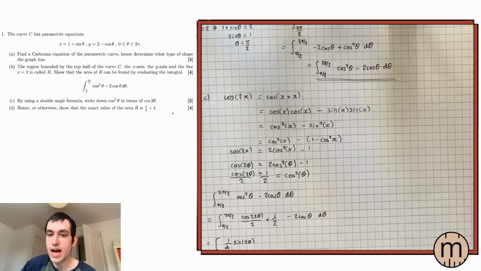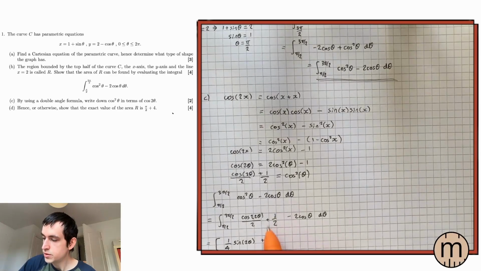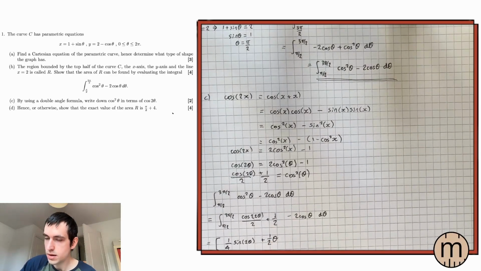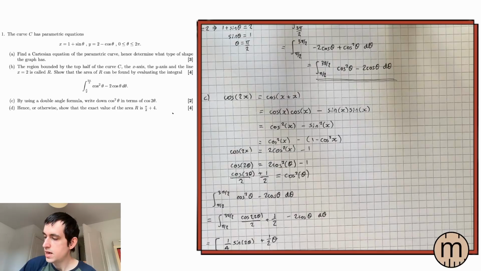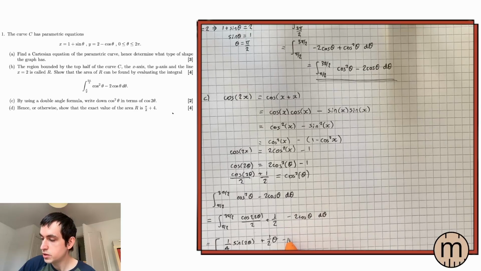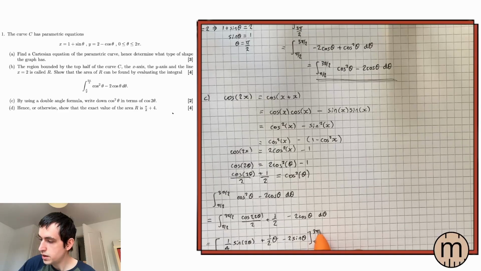So we have a half and basically another half, which gives us a quarter. To integrate a half, we simply plop a theta on the end. And to integrate this, it's very much the same as the first one, but there's no 2 that we have to think about. So it's just minus 2 sine theta. And that's still between the same limits of pi over 2 and 3 pi over 2.